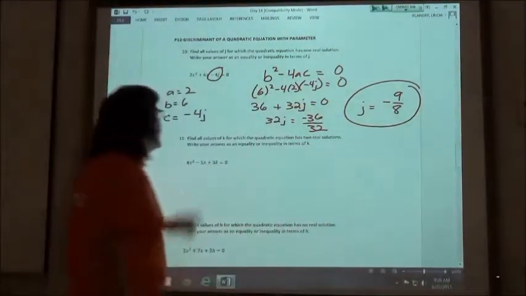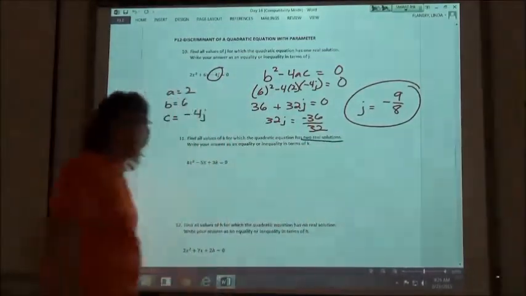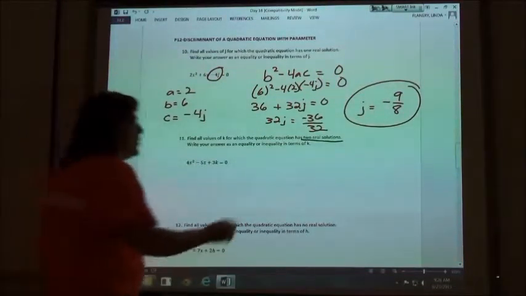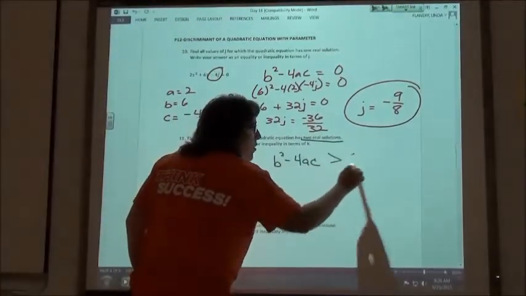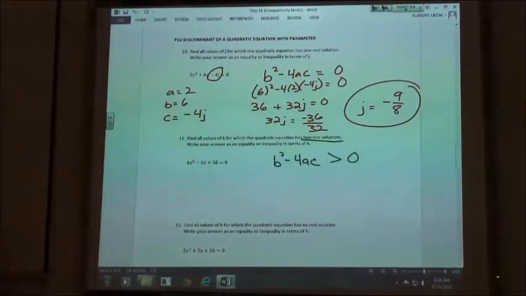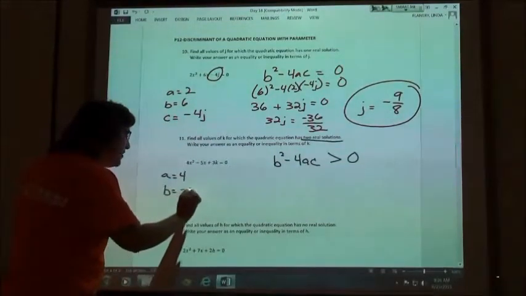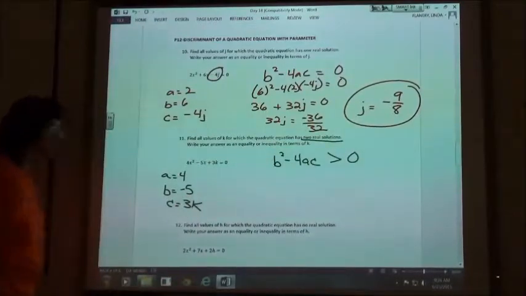So on the next one it says find all the values of k for which the quadratic equation has 2 real solutions. If it has 2 solutions, we know that it has to be a positive number. So we know b squared minus 4ac has to be greater than 0. A is going to be 4, b is going to be negative 5, and c is going to be 3k.